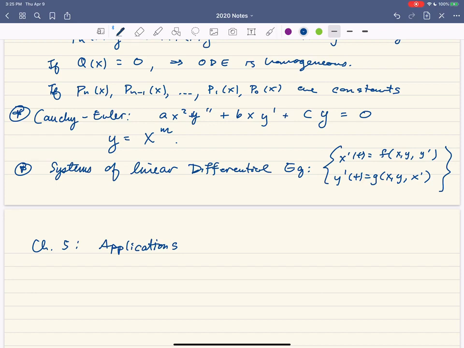So this was the mechanical vibrations, the differential equations where we had some mass hooked up to a spring, possibly with a dampener. A lot of applications fell in chapter 5, because it turned out that they were higher order differential equations.